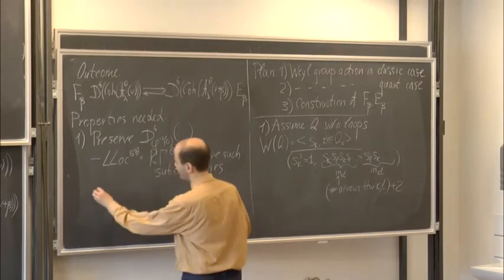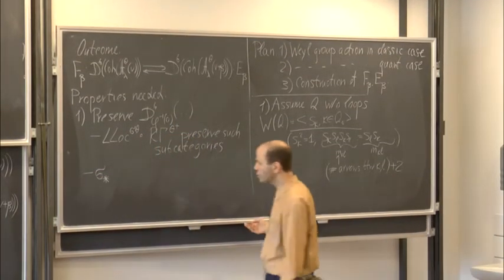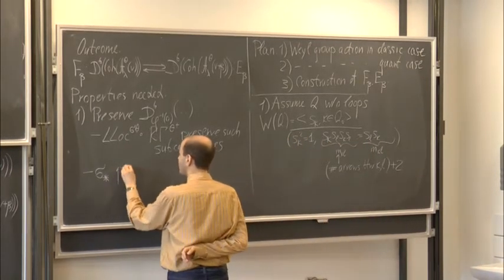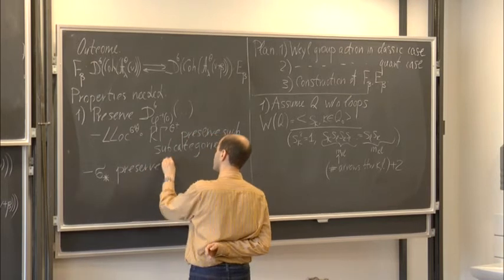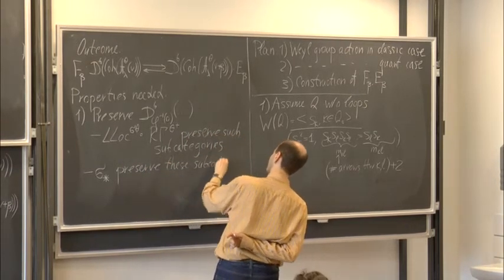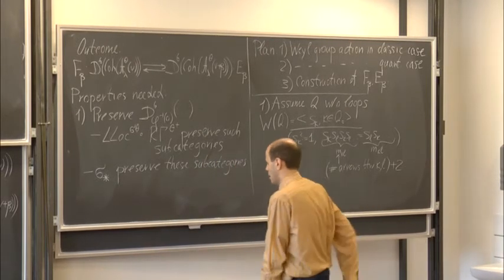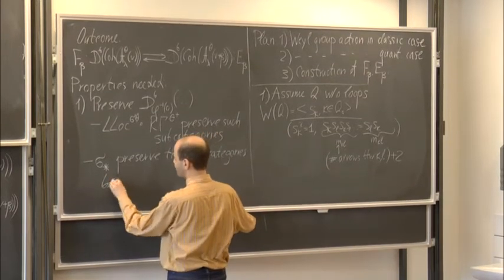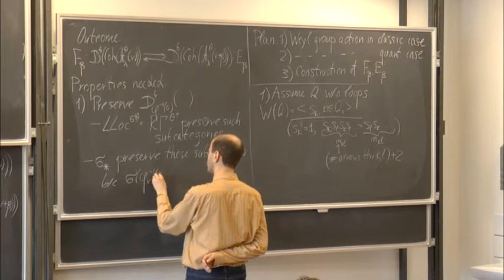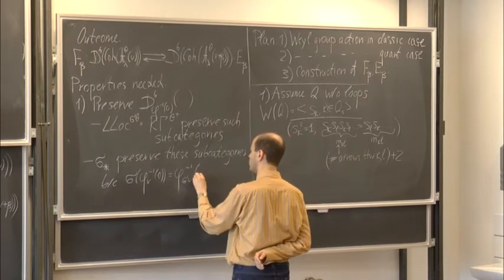And now I have this push forward by isomorphisms. And they also preserve these subcategories, because sigma maps phi v minus 1 of 0 to phi sigma v minus 1 of 0.